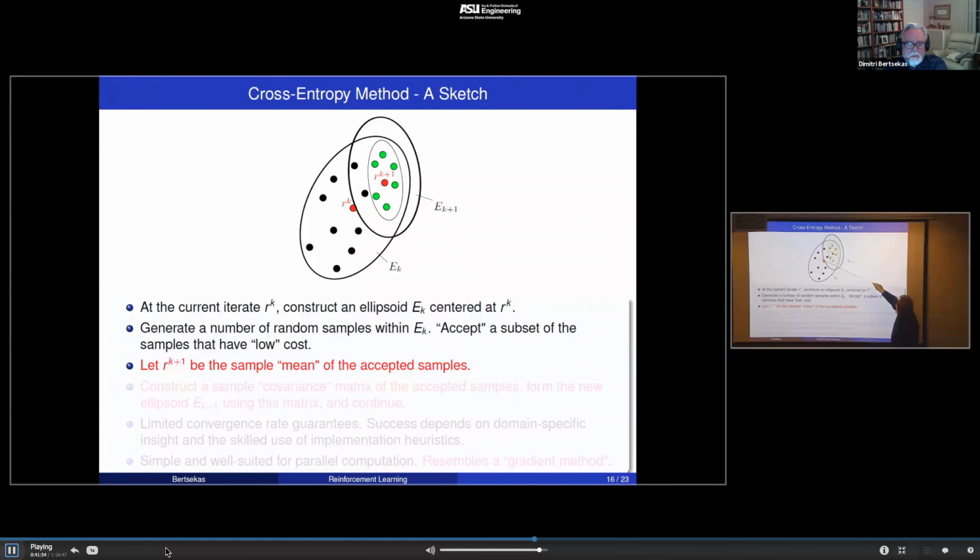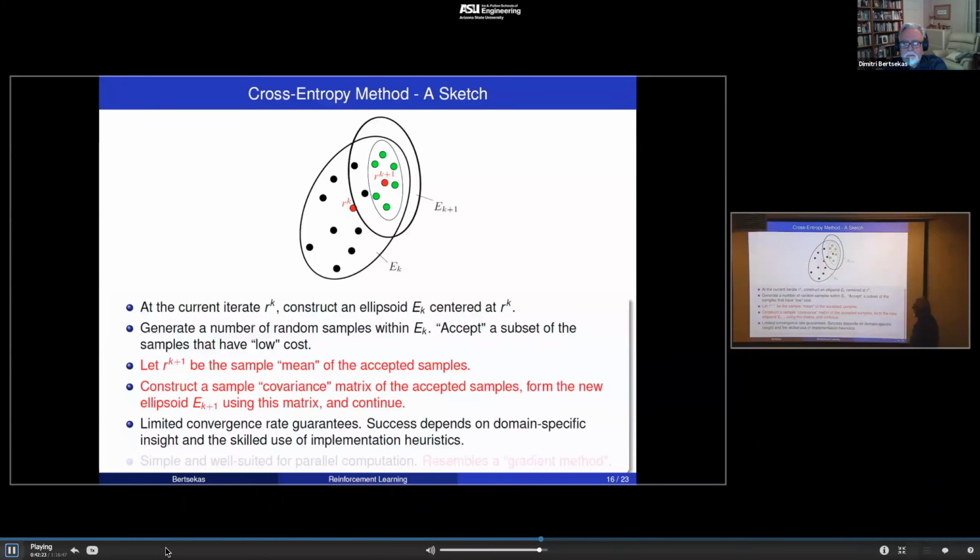So I look at a bigger ellipsoid with the same shape as the one defined by the sample covariance. And now I generate new points here, delineate the green samples, move to the middle, and keep going like that. So let me repeat. We construct a sample covariance matrix of the accepted samples, form the new ellipsoid using this matrix, and continue.